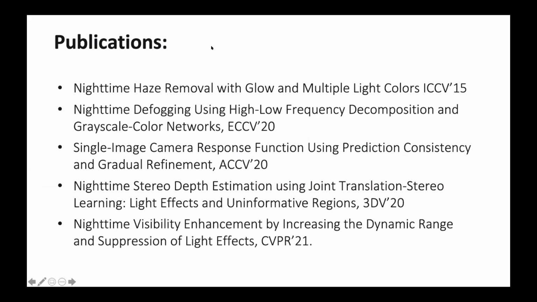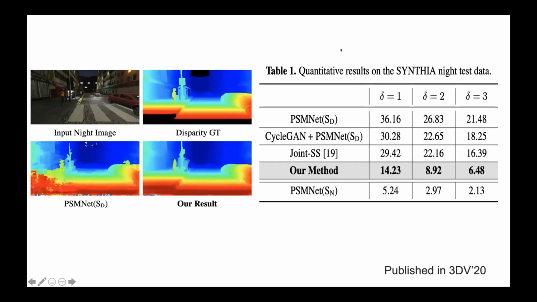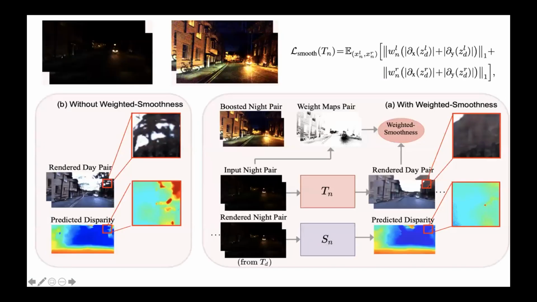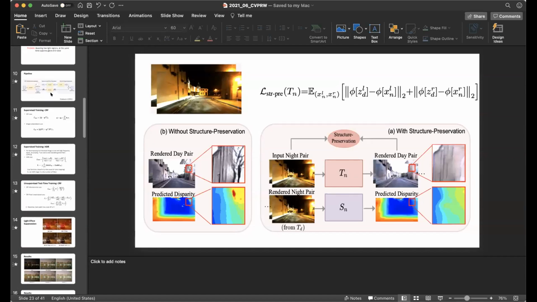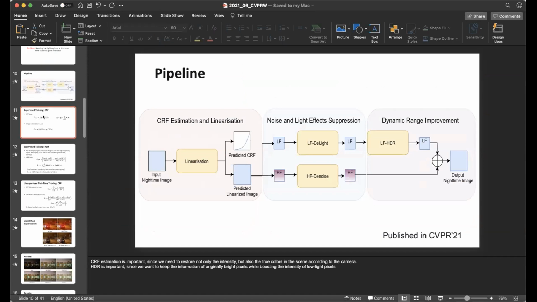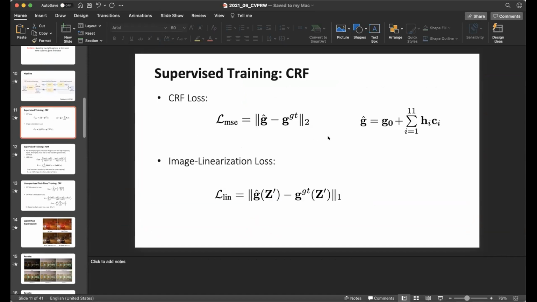Oh, yes. Okay, so for our CRF, the ground truth is actually, you know, some camera manufacturers release their CRF, the camera response function, and people gather this information and put it online.